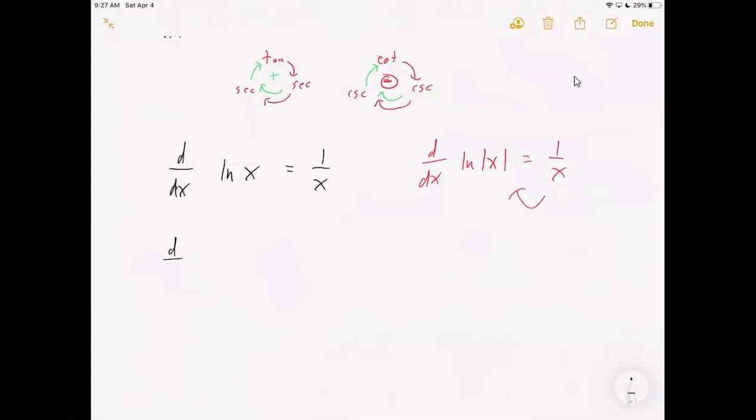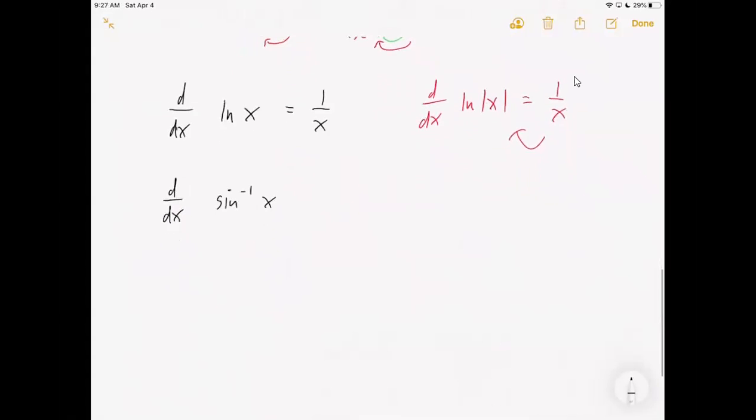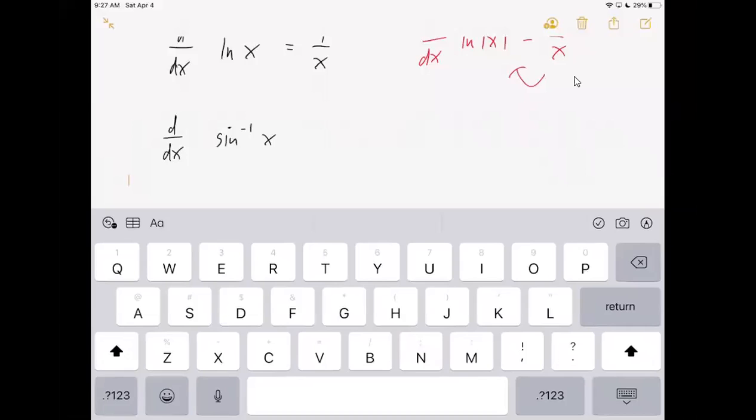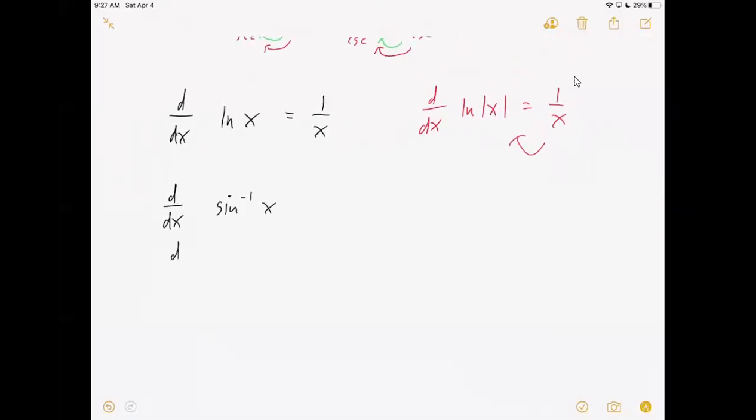Let's get into our trig ones. In fact, I'll write all 3 of the primary ones, the ones that show up on your calculator. See if you can write those in.